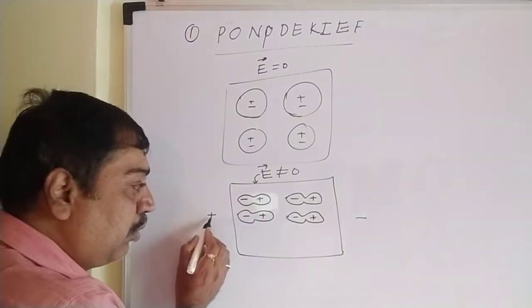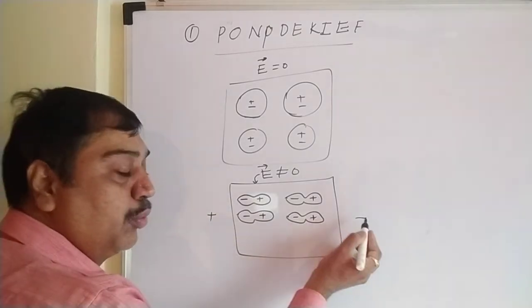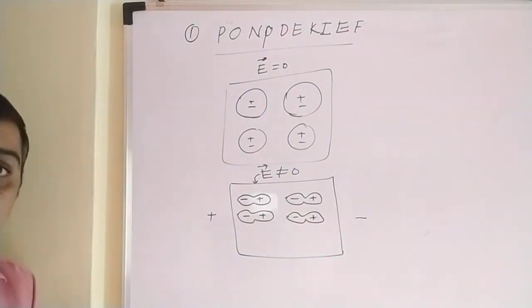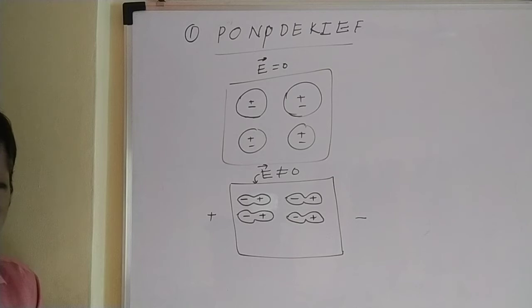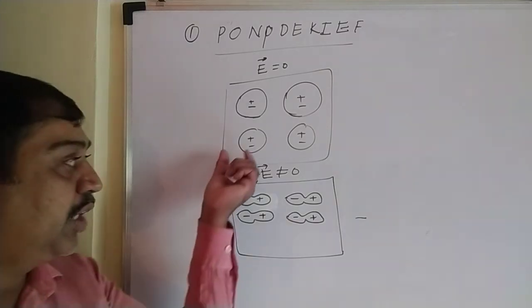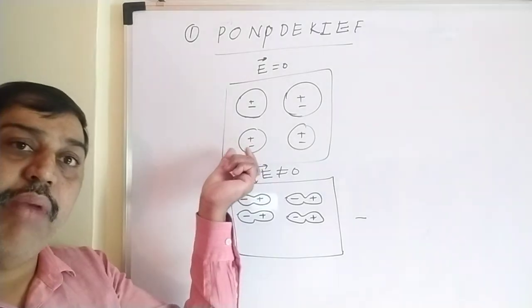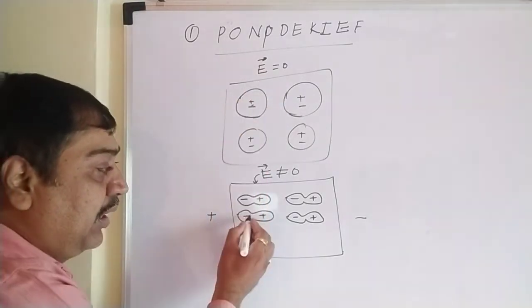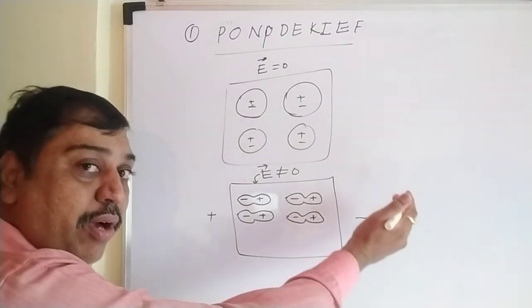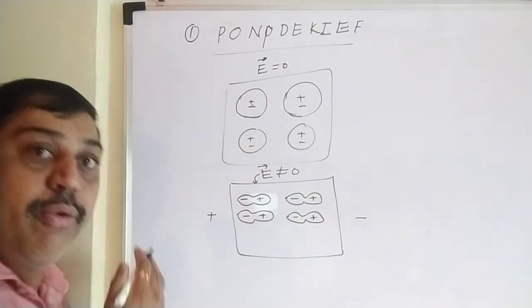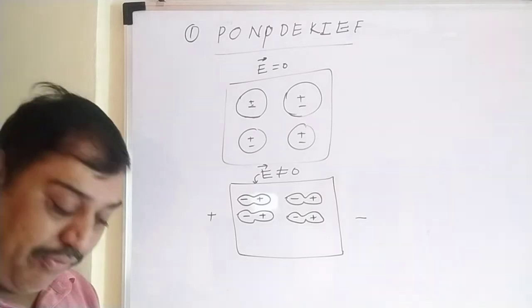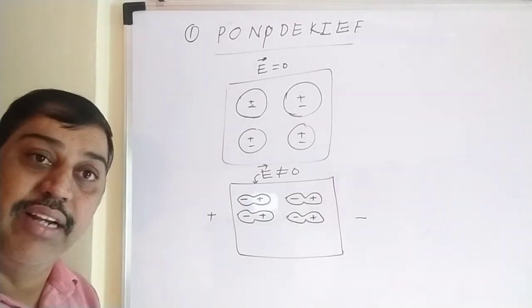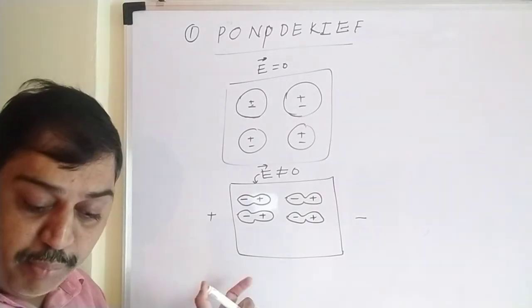Negative charges move toward the positive, and positive charges move toward the negative of the electric field. So this is the separation of charges. Initially, without the field, the centers of gravity of positive and negative charges are at the same point; when we apply the electric field, they start separating. This is the situation for a non-polar molecule.